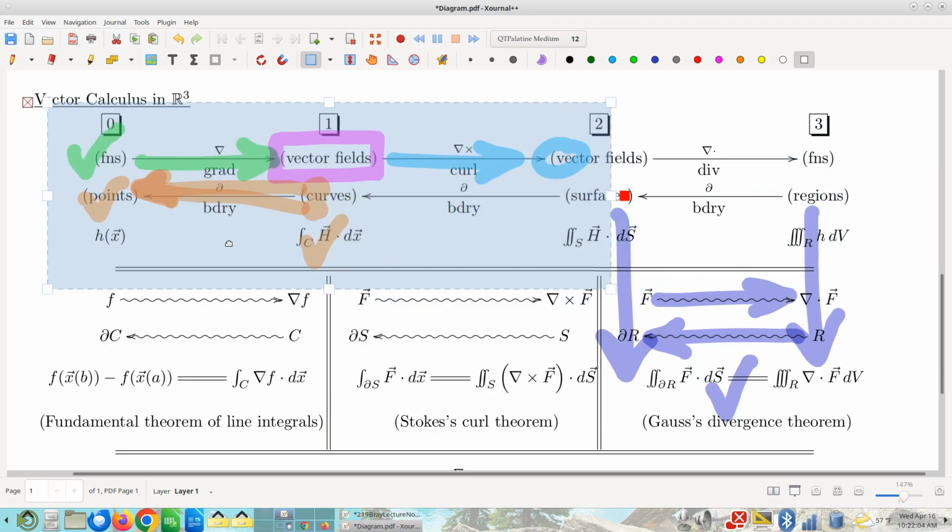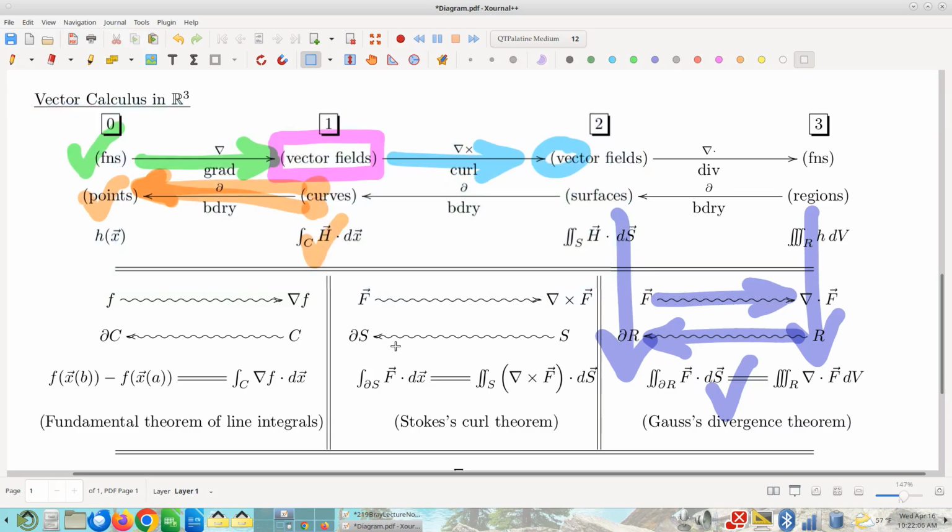Okay. So while we're here, I'll go ahead and remind you as well of this pattern. Really useful pattern to notice. Now where I've got it drawn here, I'm just recognizing what the diagram chase looks like on this diagram as drawn here, for Gauss's divergence theorem.